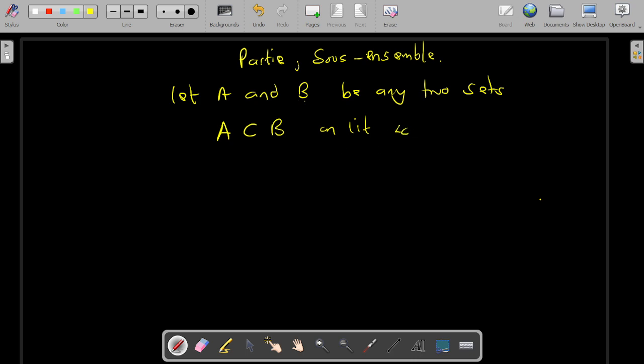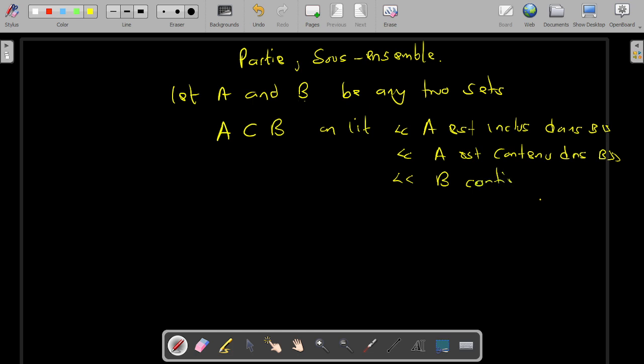We can say A est inclus dans B, or A est contenu dans B. You can also say B contient A. So you read it in reverse, that B is going to contain the set A. These are the three phrases that are going to be common whenever we are talking about the idea that every element of a certain set A is also an element of another set B.